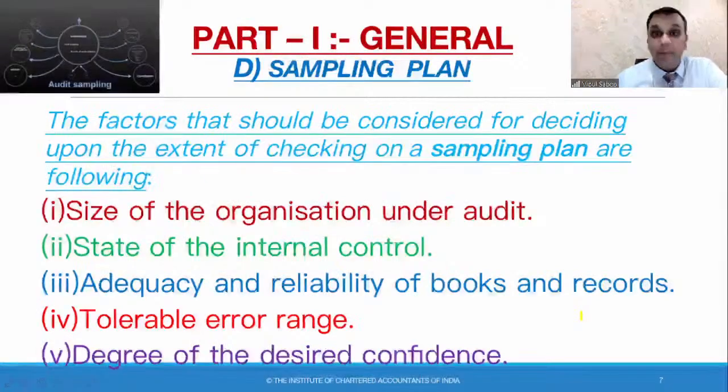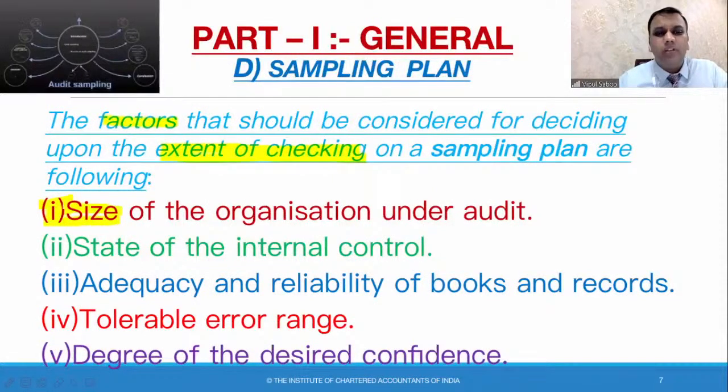So to develop a sampling plan, the auditor needs to consider certain factors. So the factors that he should be considering for deciding upon the extent of checking on the sample. What are the factors that the auditor needs to consider while developing a sampling plan? Size of the organization under audit.